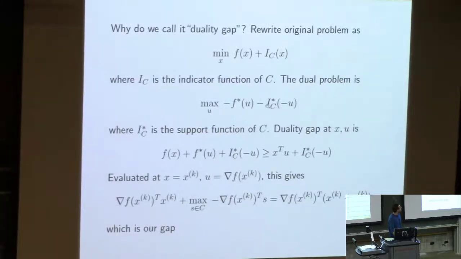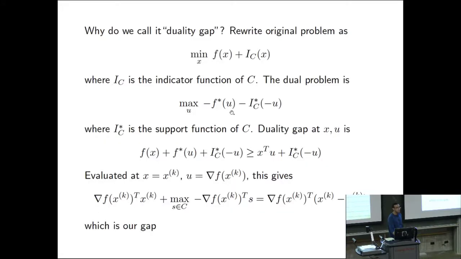The dual, as hopefully you know from all the work you did on the homeworks and the lectures we did with duality and conjugates, we can express in terms of conjugates. And I can write the dual of this problem as maximizing minus f star of u minus I star, where this is the dual of the indicator function, the support function of the set C, evaluated at minus u.